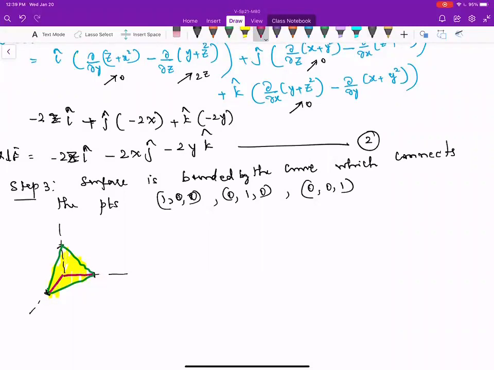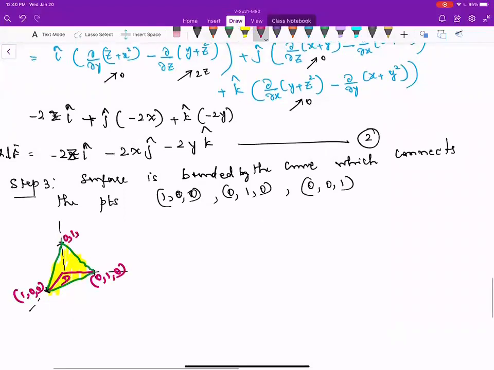Imagine that it is mounted on the triangle connecting the points (0,0), (1,0) and (0,1).